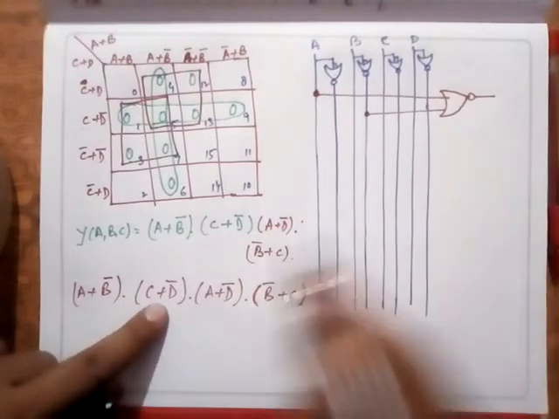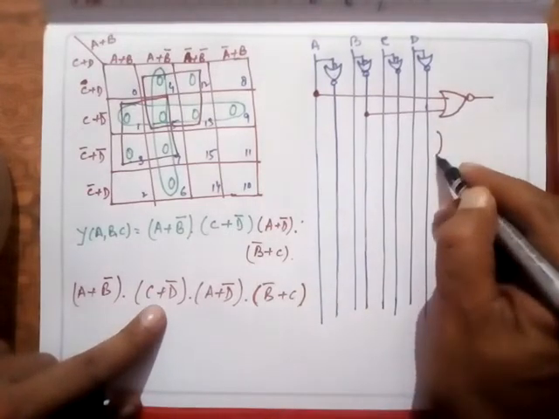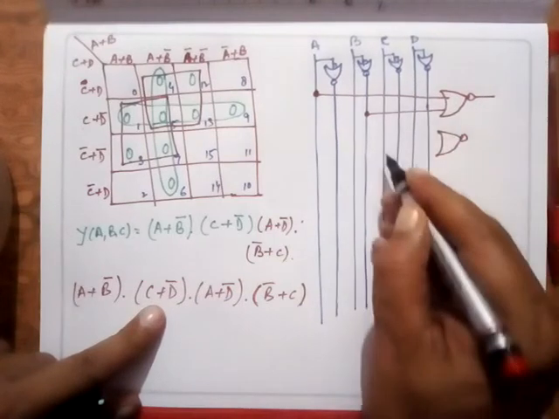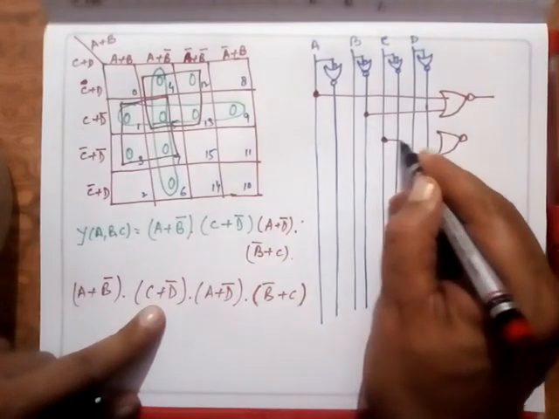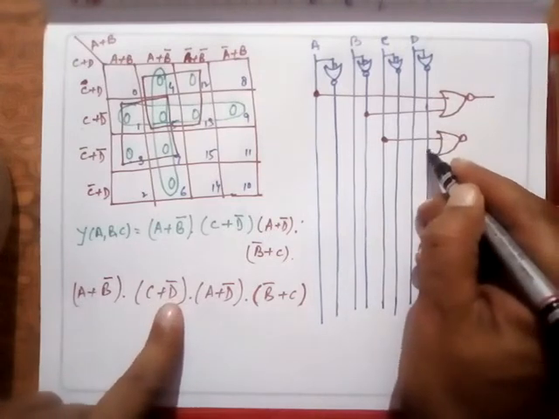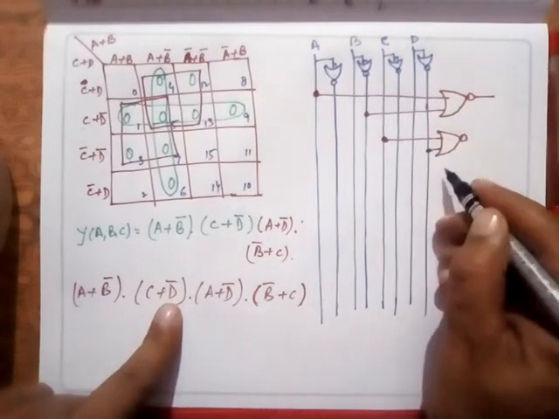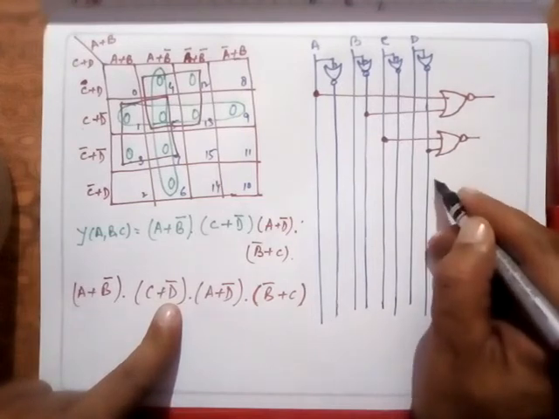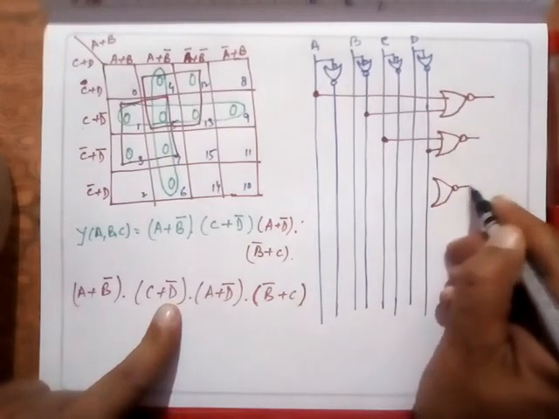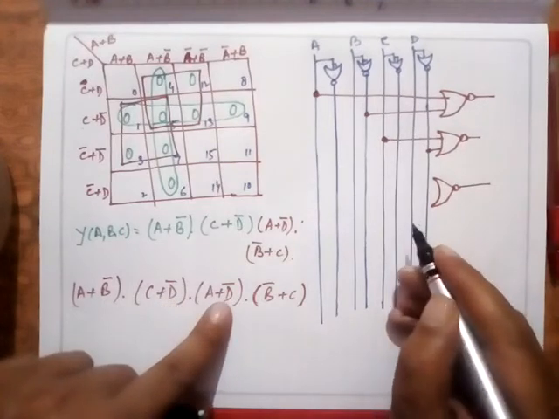Next is C plus D bar, another NOR gate for this function, where the inputs are C and D bar. This is D bar. Then another NOR gate, and the inputs to it are A and D bar.